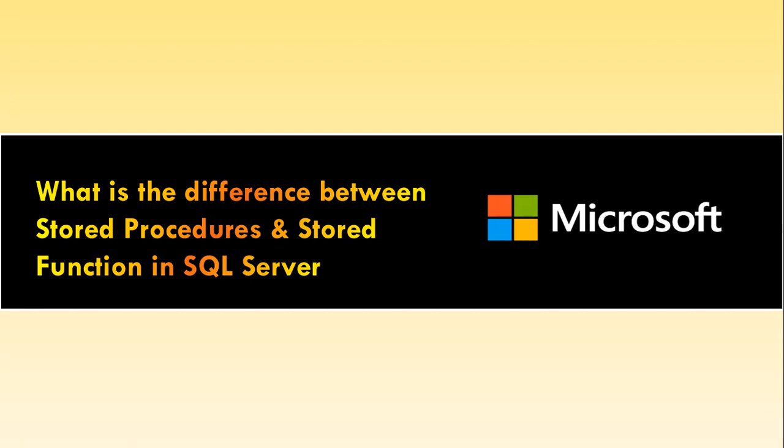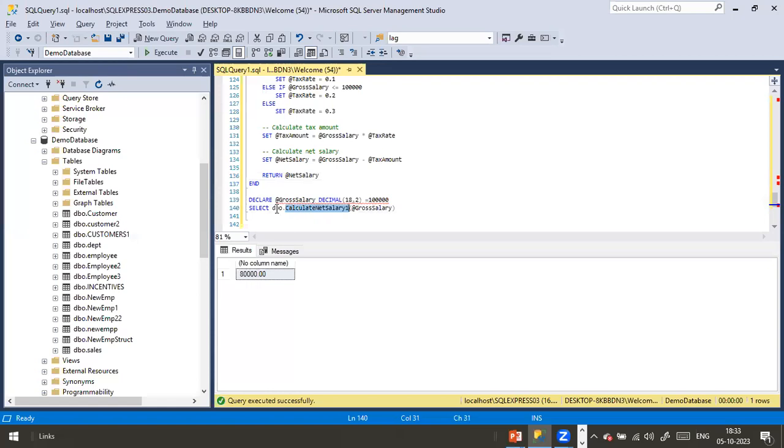Whereas a stored function can be used in column values like here. After select, instead of a column name, I specified the stored function name, and inside it the parameter name. That's all.